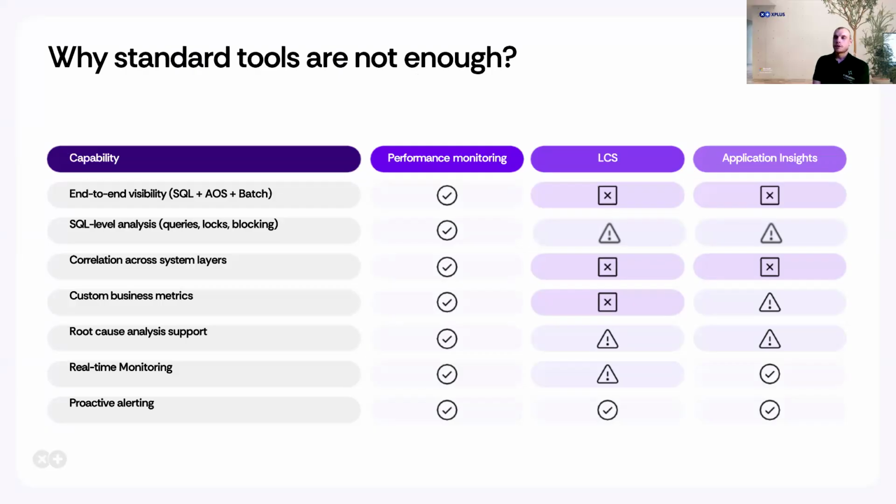For me, the biggest point here is the correlation across system layers. Of course, LCS and Application Insights can also measure all the layers of the system, but usually, especially with LCS, it's hard to correlate data between different things. Very often you need to use different charts, different metrics, export this data, and use different tools to combine charts together to find those correlations.